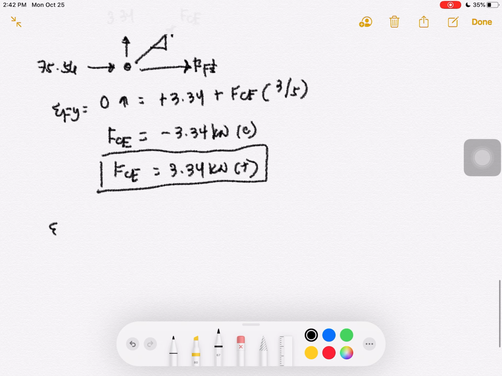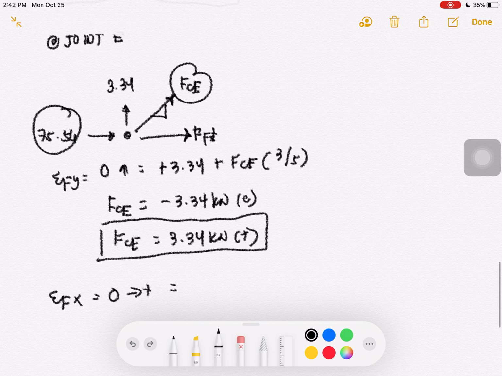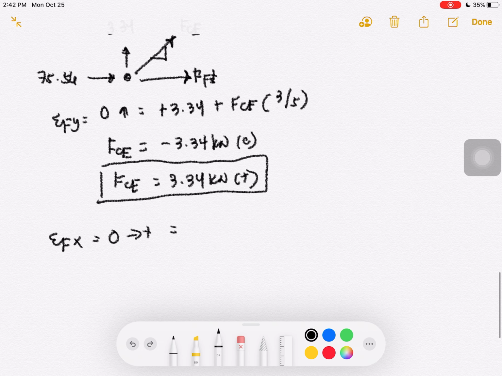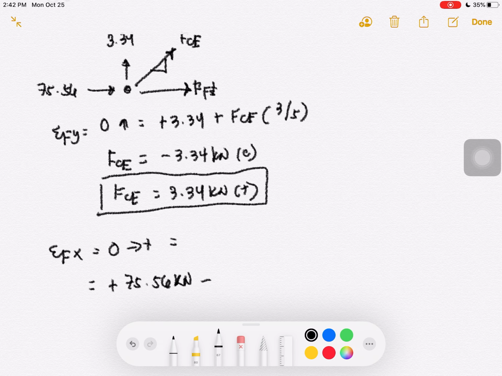next one is summation of forces along X equals 0, going right positive, equals this one and this one. So you have positive 75.56 kilonewton. Tension na siya ngayon, so negative. Ito yan, tension siya, so negative 3.34. If you have questions sa negative and positive, especially dun sa counterclockwise or clockwise, you ask.